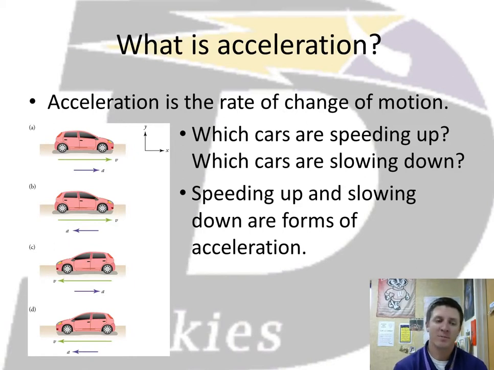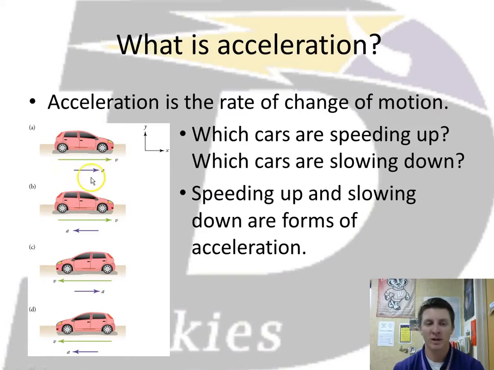Here we have a picture of four different scenarios of a car, and we have an arrow indicating the object's velocity and also the object's acceleration. My question is, which cars are speeding up and which cars are slowing down, because speeding up and slowing down are forms of acceleration. If we look at the first car, letter A, velocity and acceleration are going in the same direction.